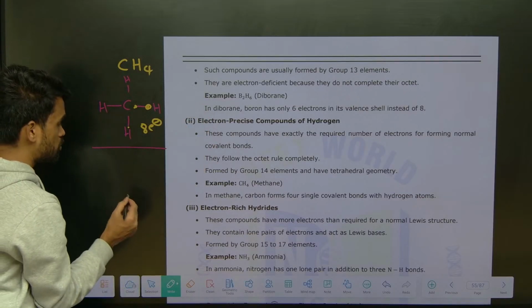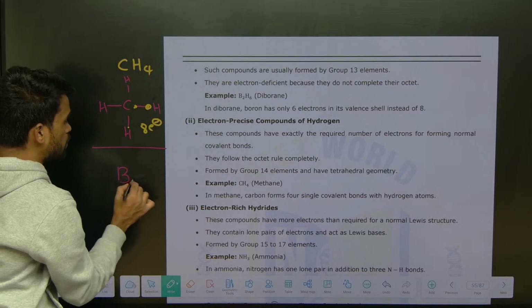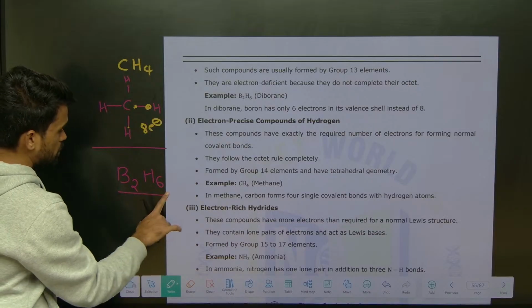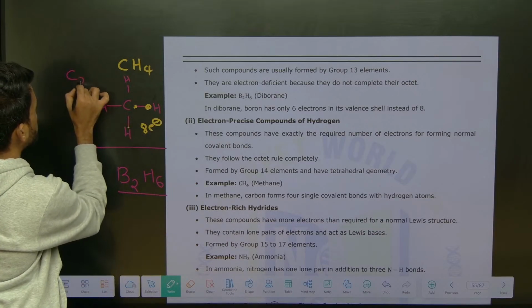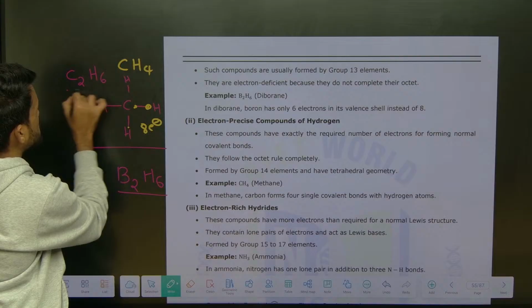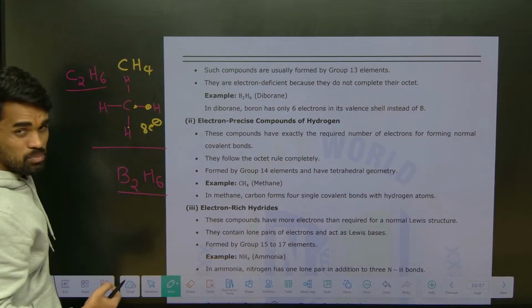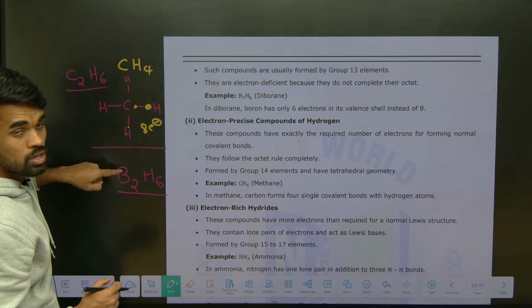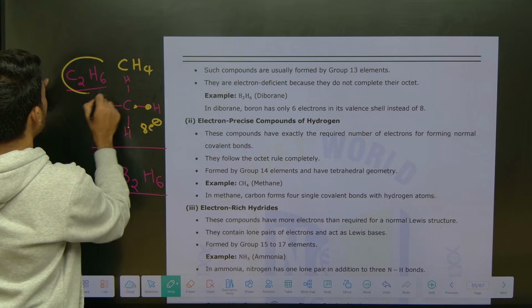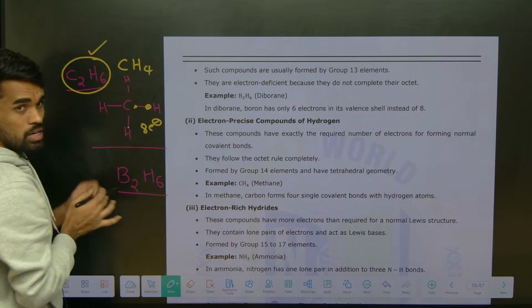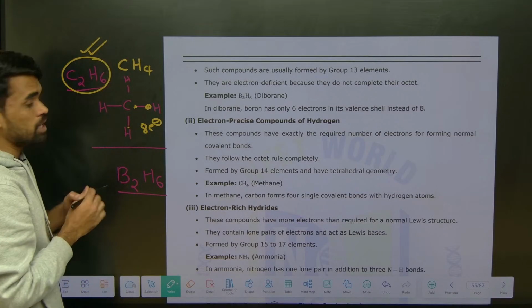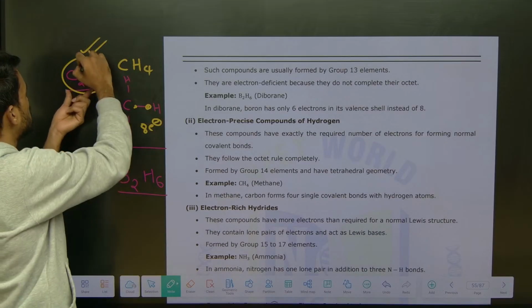What is the best example of electron deficient compounds? B2H6. This is diborane. Similar to B2H6, if you take ethane, C2H6, the formula is somewhat similar: H6 here, H6 here, C2 here, B2 here. But ethane is electron precise. All are normal covalent bonds, and the octet is fully fulfilled, so the required number of electrons are present in this compound.